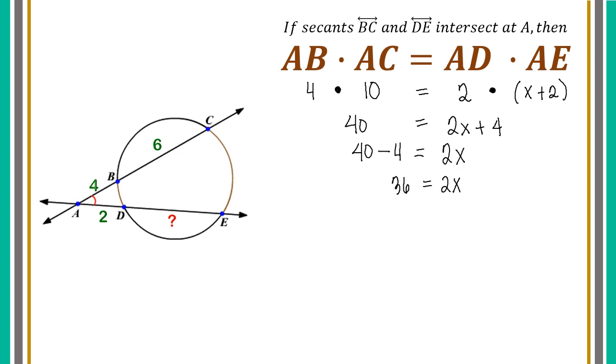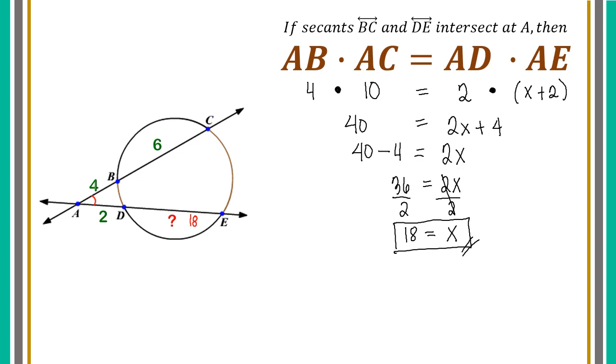This is not yet the final answer. We are supposed to apply multiplication property of equality, but we are more particular with the shortcut again, and we divide both sides by 2 to isolate the x, and thus we would have 36 divided by 2. It's 18. So therefore, we can conclude that the measure of this segment DE is 18. And we're done.